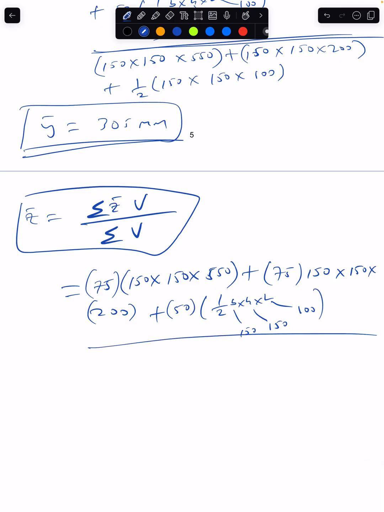So technically you divide by the volume for part 1 plus the volume for part 2 plus the volume for part 3.